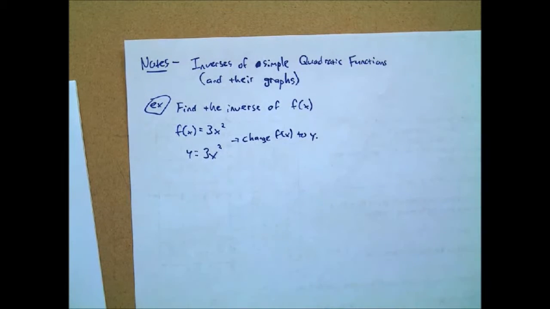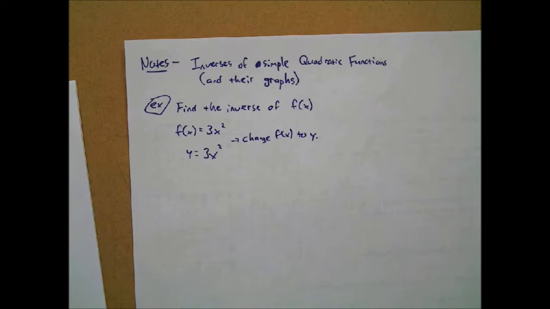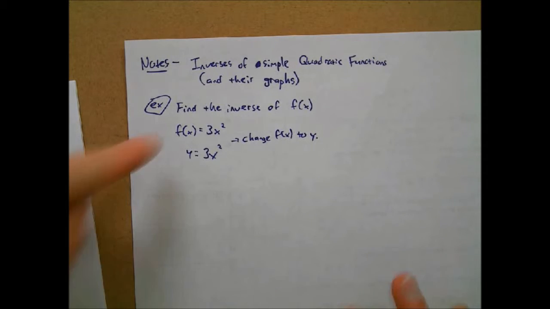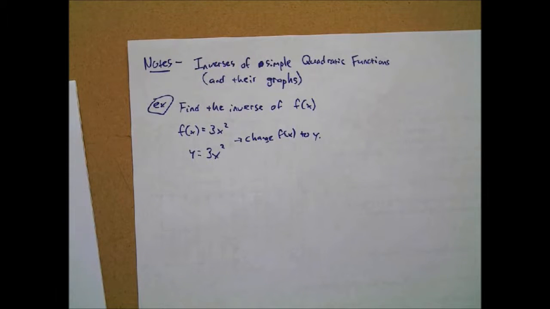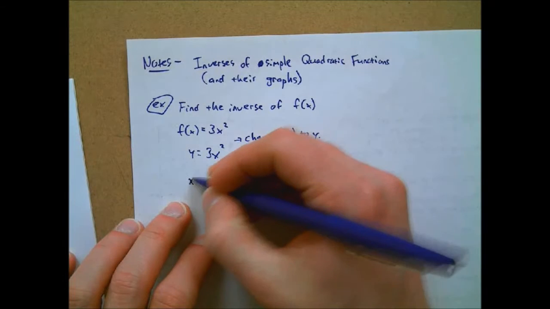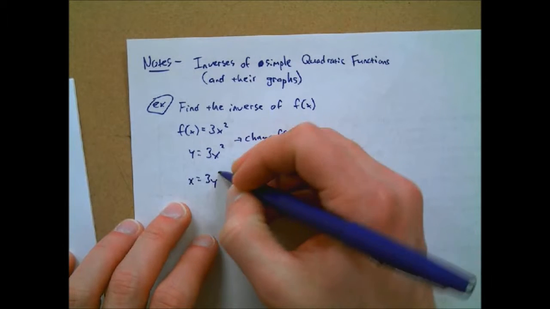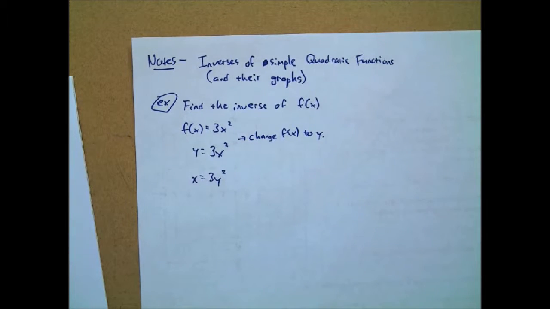And then what do we do? Once we change f of x to y, what should we do next to get the inverse? Swap the x and y. Exactly right. So we have x equals 3y squared.